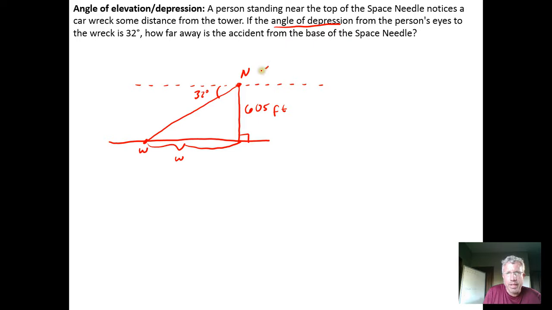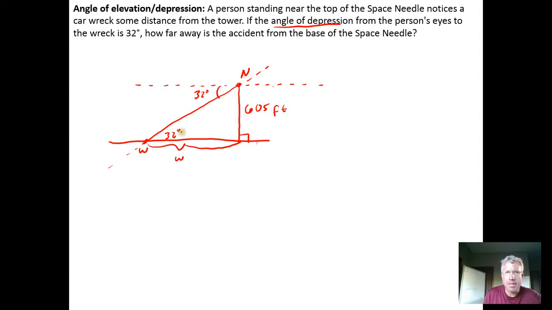What I want to recognize here is that this line of sight transverses these two parallel lines. So we have a transversal cutting parallel lines, so the alternate interior angles must be the same.